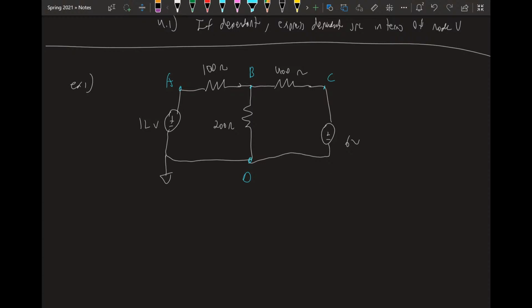It's a convenient place to put ground. Let's define our currents: I1, I2, I3. Like I said, is this physically possible? No. Does it matter? No. It'll all come out when we solve the circuit, which we will see.